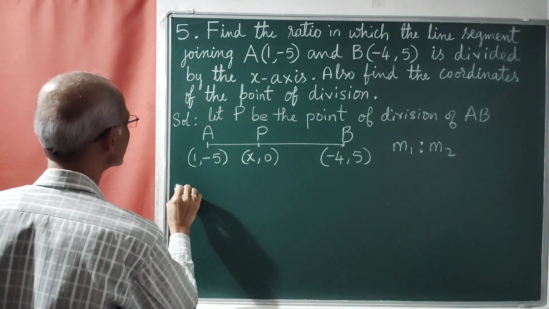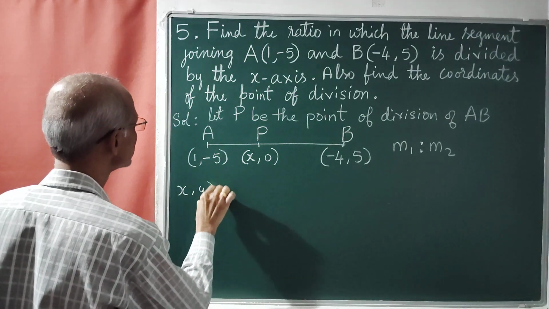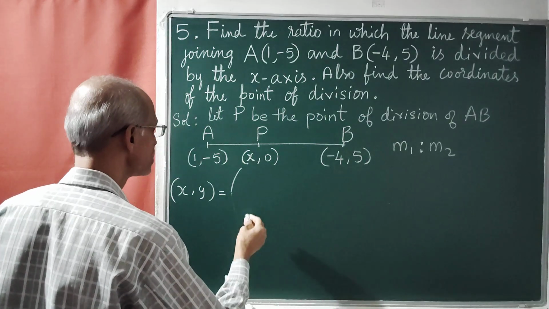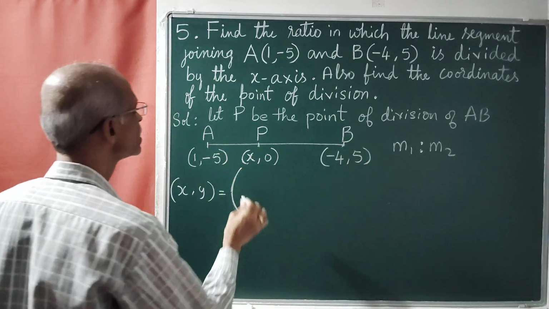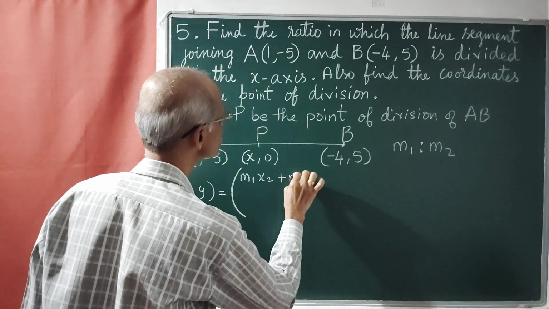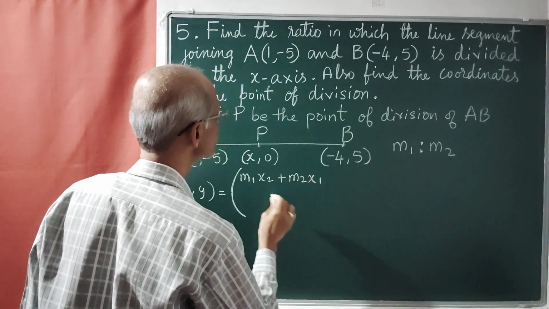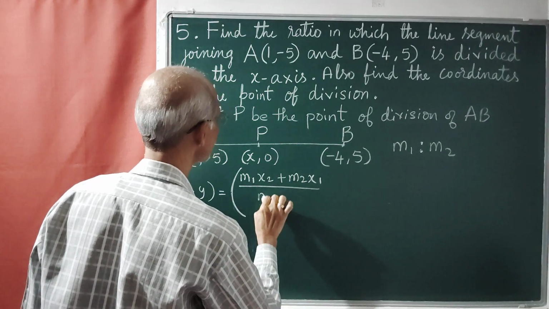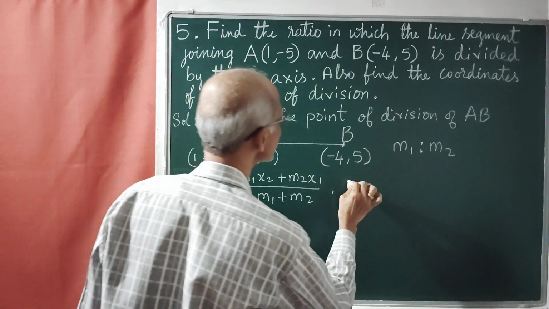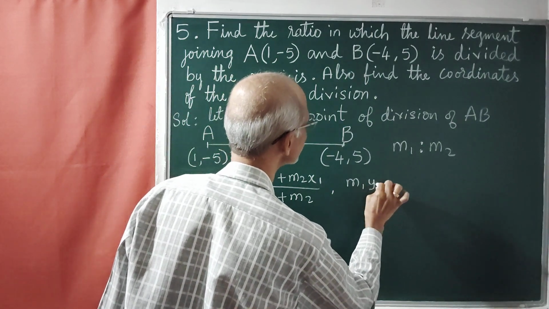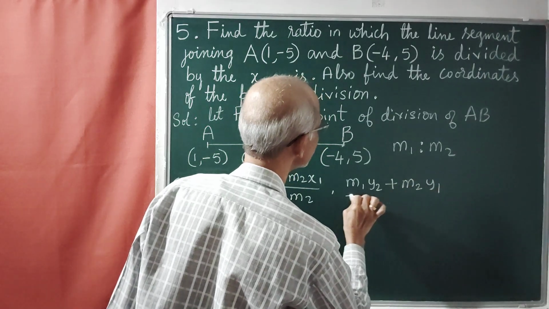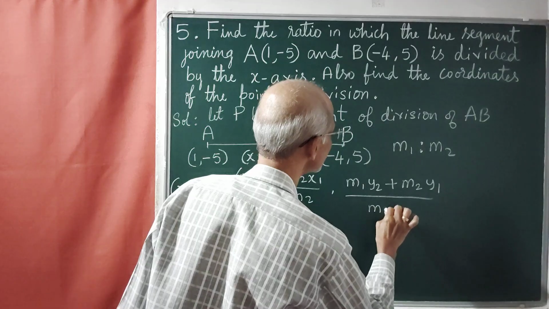So (x, y) is equal to (m1 x2 plus m2 x1) divided by (m1 plus m2), and (m1 y2 plus m2 y1) divided by (m1 plus m2).